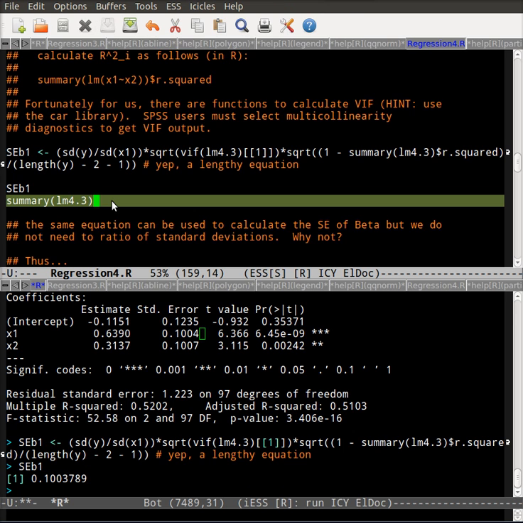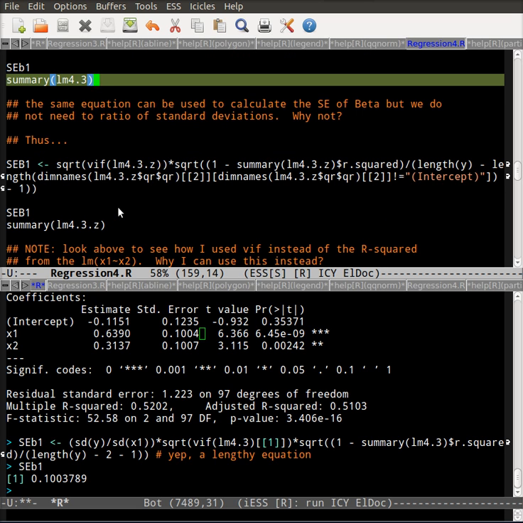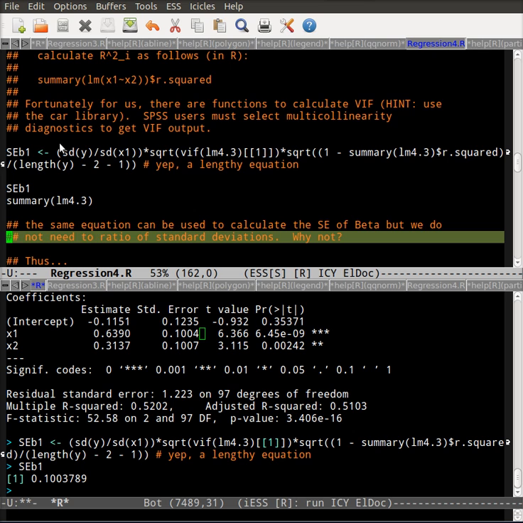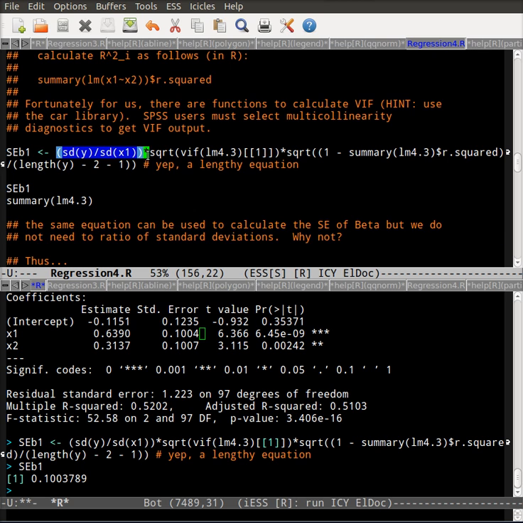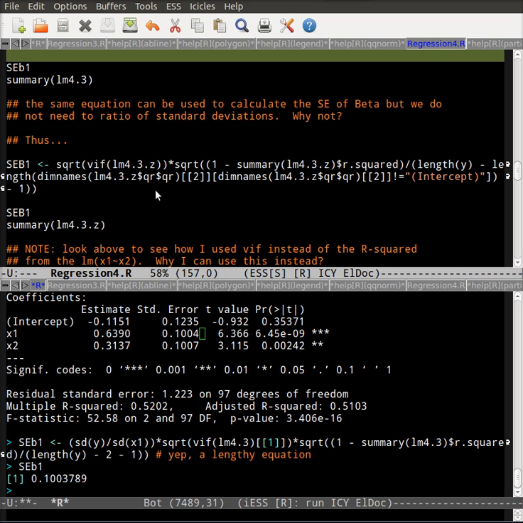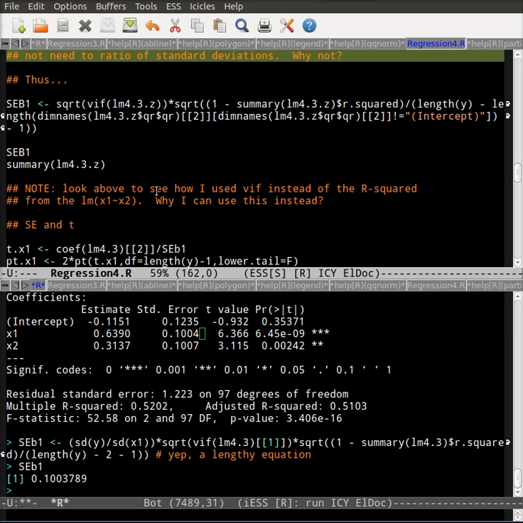We can get that if I run the summary. We can do the same thing for beta. I don't have the output necessarily for beta, but you can calculate the same standard error for B and for beta. The only thing is we drop this part right here, and the reason we drop this part is the standard deviation of y equals the standard deviation of x, because all the variables are standardized.